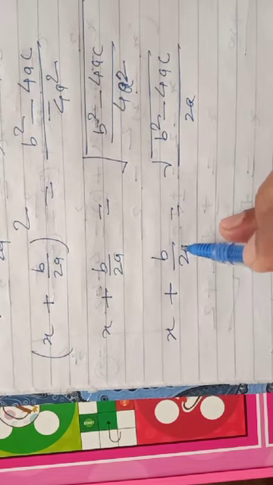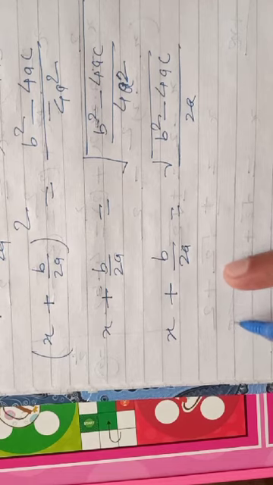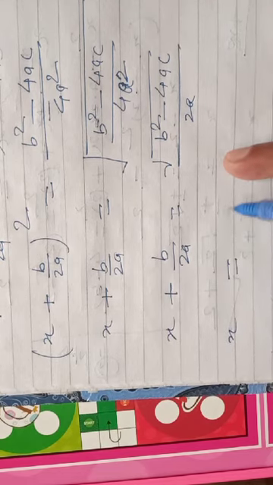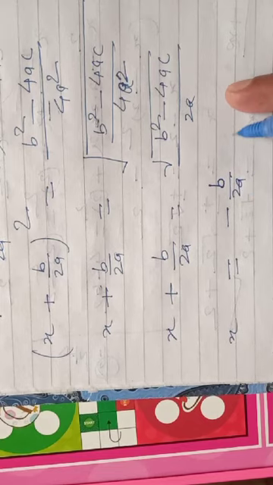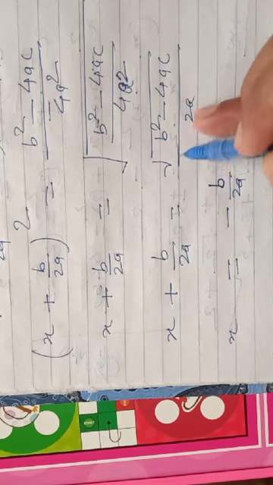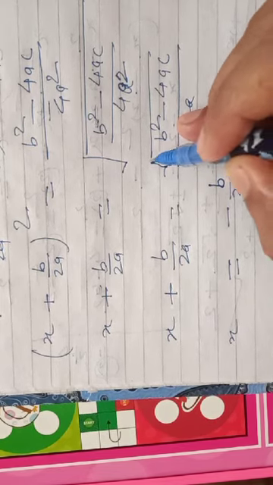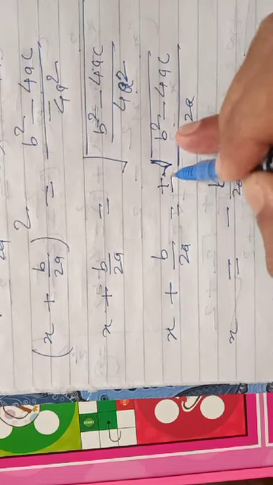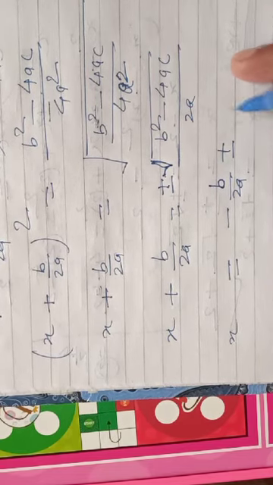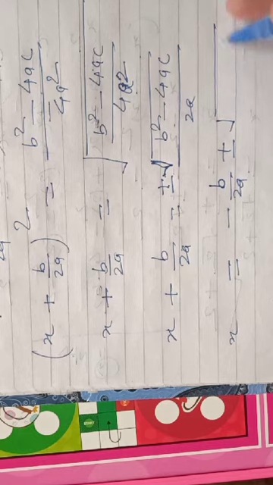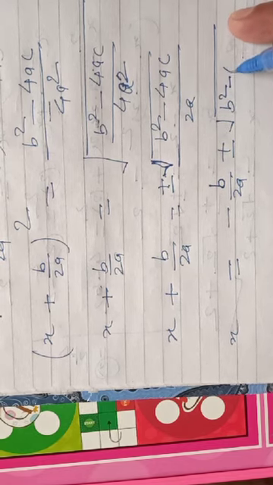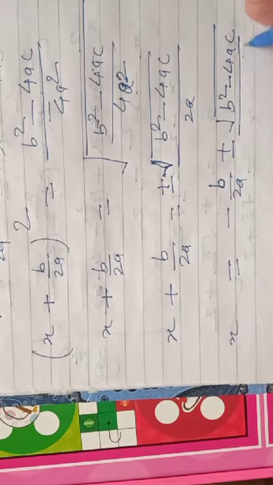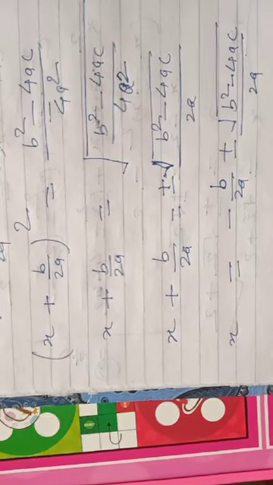Now you should shift b upon 2a to the RHS side. So x will be minus b upon 2a, and here the square root is there, so we can write plus minus like that: plus minus under root b square minus 4ac upon 2a.